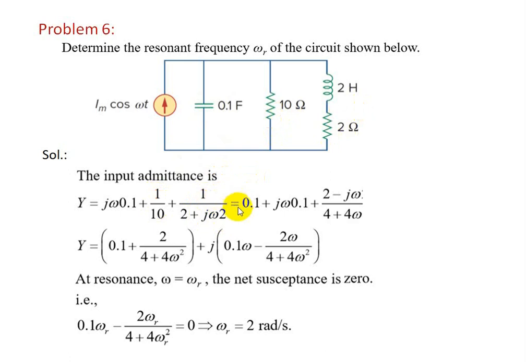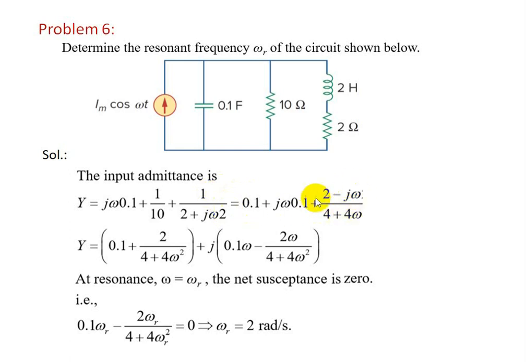Now this can be written as j omega 0.1 plus 0.1 plus 2 minus j omega by 4 plus 4 omega square. You can multiply and divide by the term 2 minus j2 omega for this term, on the numerator and denominator.